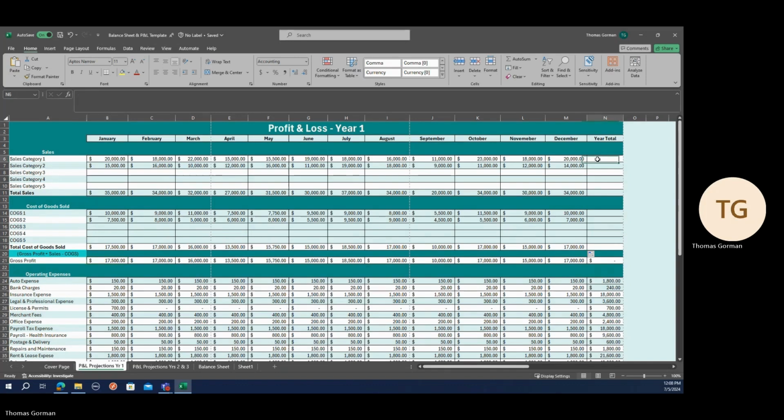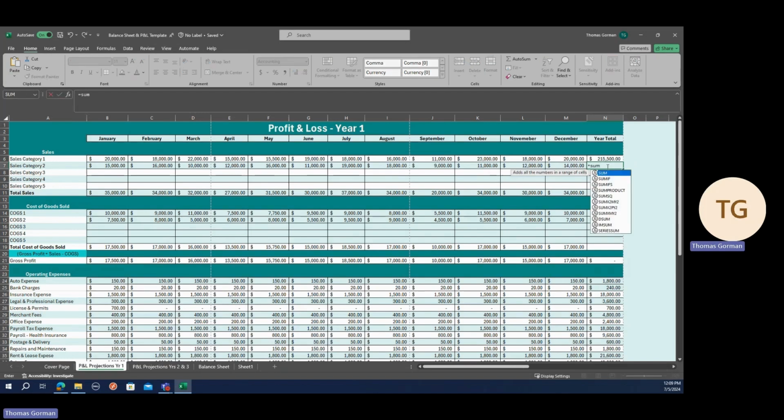Now, over here, again, equals sum, and this is going to give us our total sales for product 1 for the entire year. Equals sum, and we're going to highlight everything in product 1 from January to December. Close parentheses and enter. We can see we sold $215,500 of product 1.